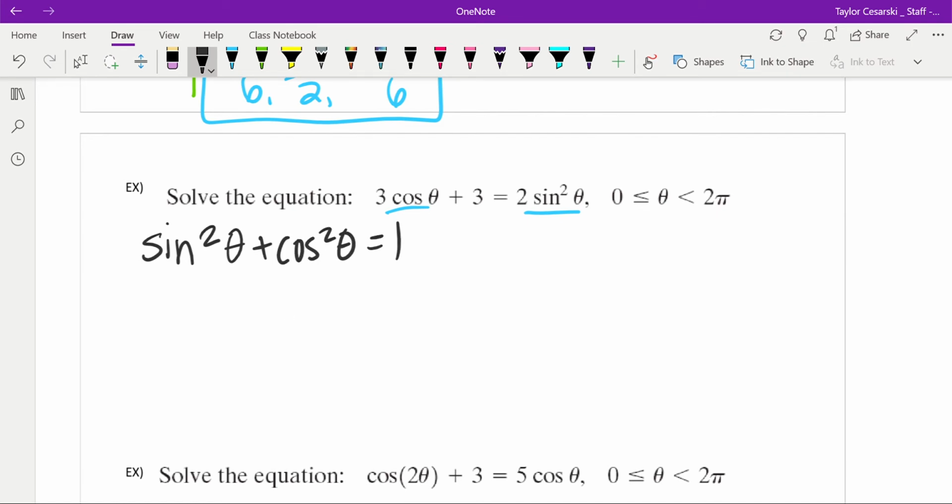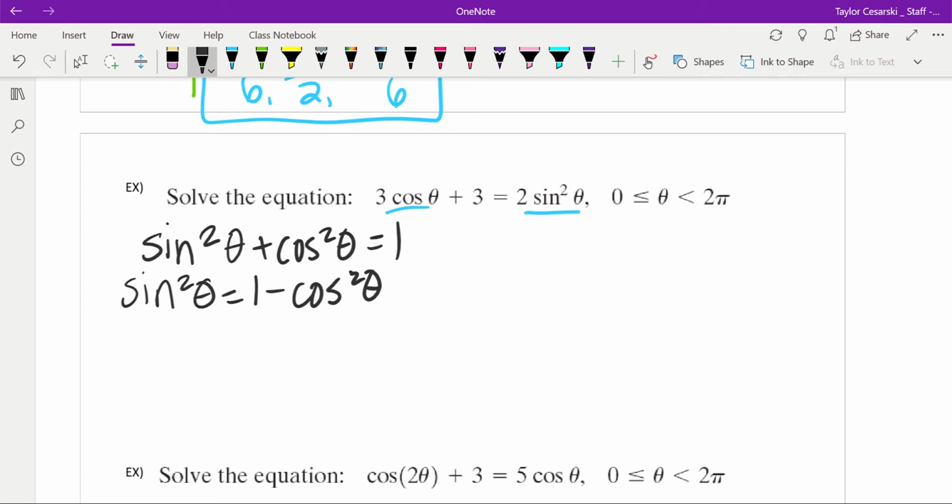Okay? So with that identity there, we know that we can kind of manipulate it a little bit. And so I have a cosine, I can't do anything with that, but I can manipulate the sine squared. So sine squared of theta equals 1 minus cosine squared of theta. So I can rewrite that and get everything in terms of cosine.